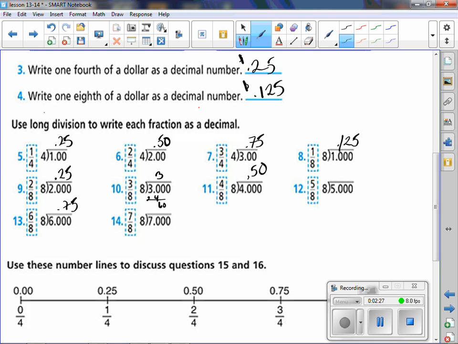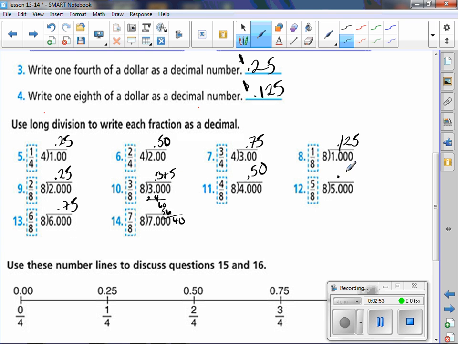And then 8 into 60, so 60 divided by 8 is 7. 7 times 8 is 56. Subtract out, you get 40, and that's 5. So 375 hundredths. What you should notice is that's 3 times this, okay?